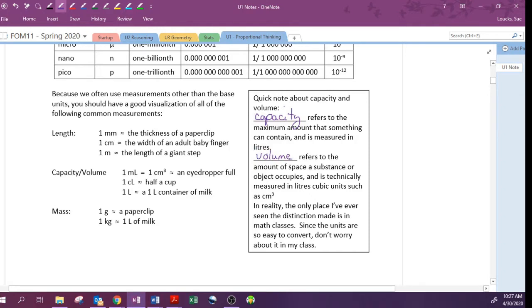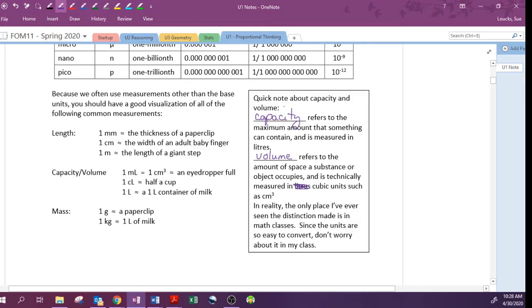So cubic centimeters is usually what it's done. Oh, I've got a typo in here. That shouldn't have the liters there. Sorry about that. In reality, I've only ever seen this distinction made in math class, maybe science classes. So don't worry about it at all. We'll probably talk about volume because that's the language that people use when we're talking about liters. I just like to be technically correct.